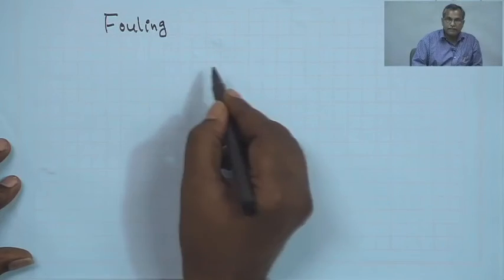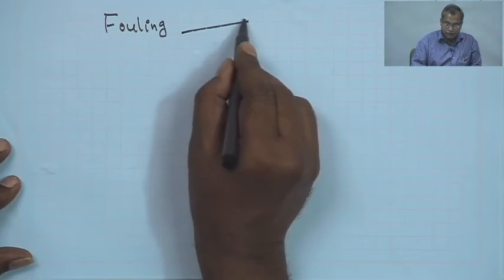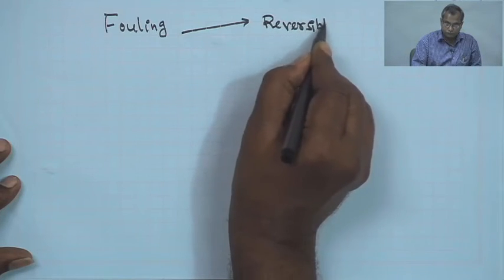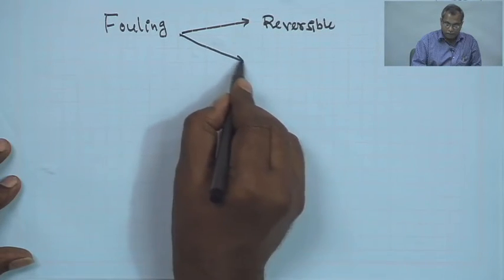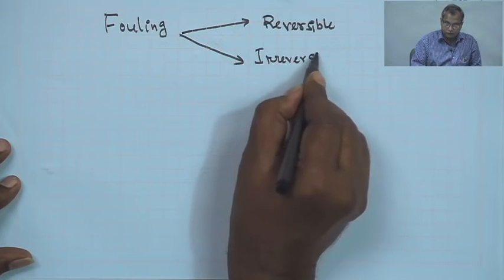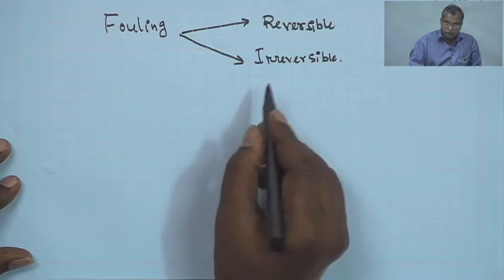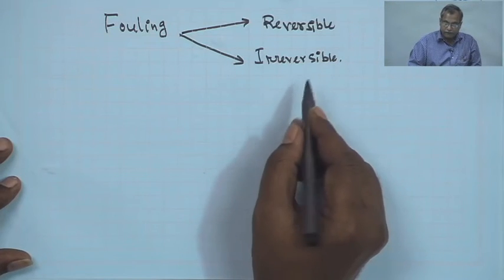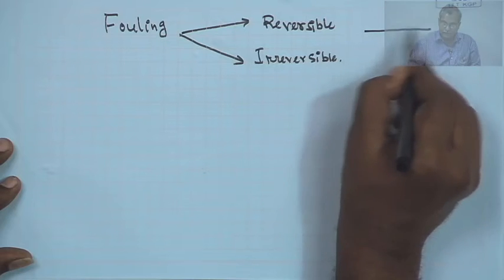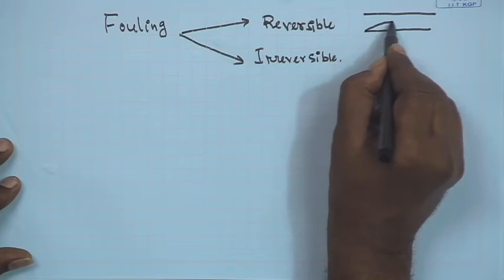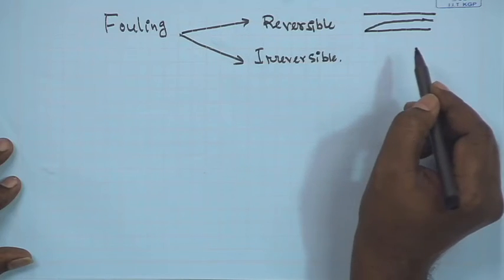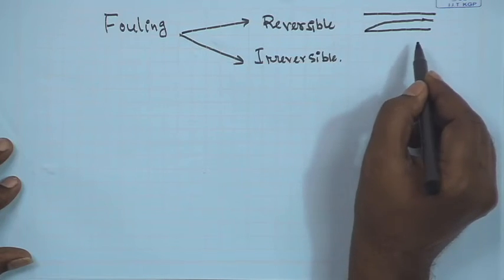The fouling is of two types. One is the reversible fouling, another is the irreversible fouling. In case of reversible fouling, the layer that is deposited over the membrane surface can be washed away by adopting a proper washing protocol.